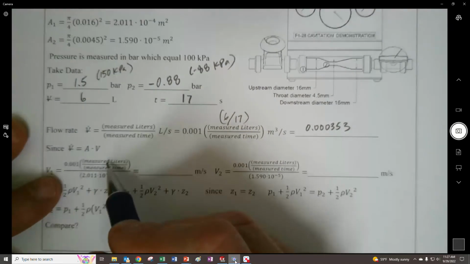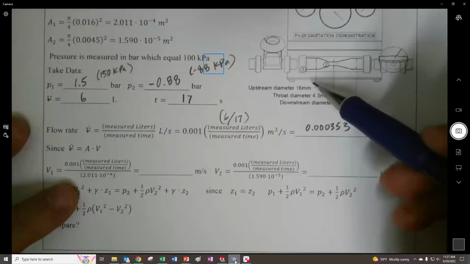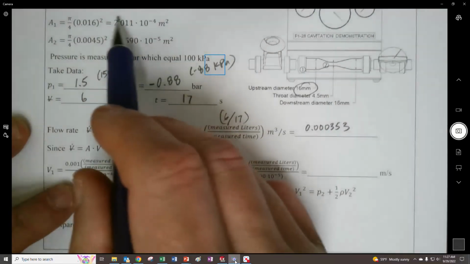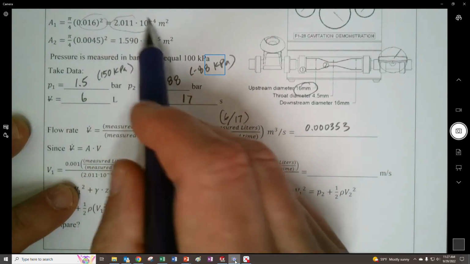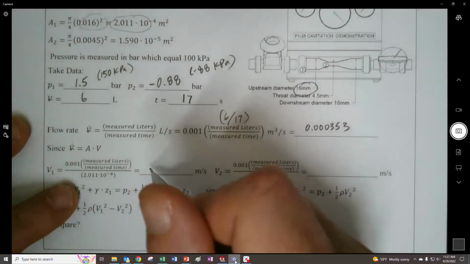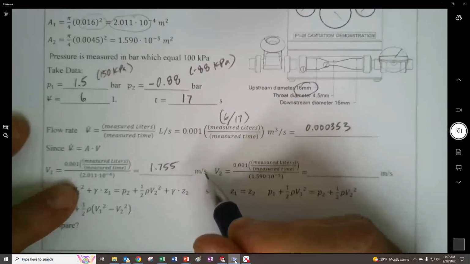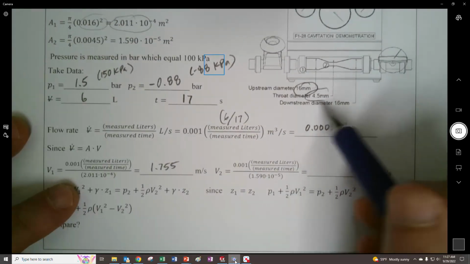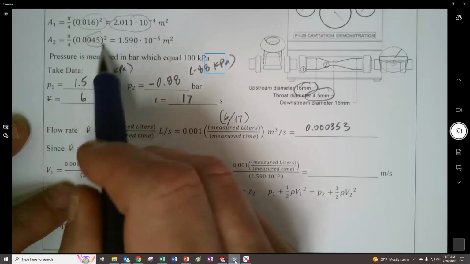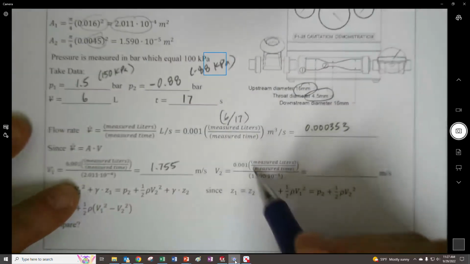And so my velocity, because I know this is 16 millimeters, and up here I got the 16 millimeters, here's my area right there. I know that my velocity at 1 is 1.755 meters per second. And then I know that this is 4.5 millimeters, so here is my area right here.